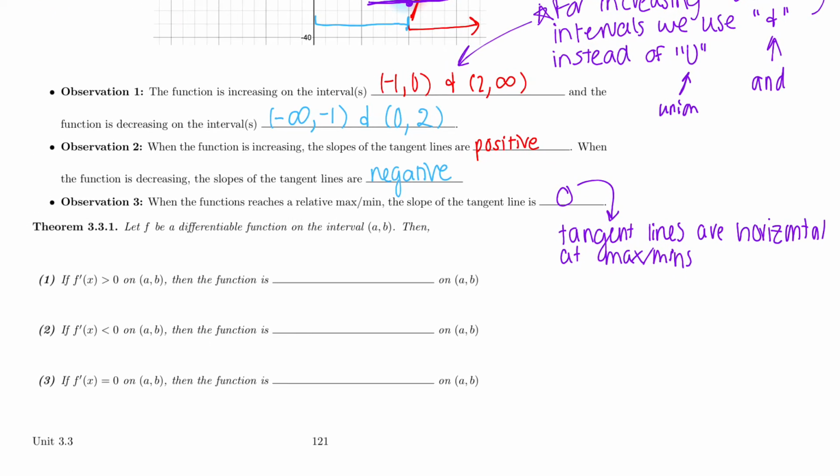All right, so looking at this theorem. If we have a differentiable function, if it's differentiable on an interval, if the derivative is greater than 0 on an interval, so if it is positive, is what this says. If it is positive on an interval, then the function is increasing.